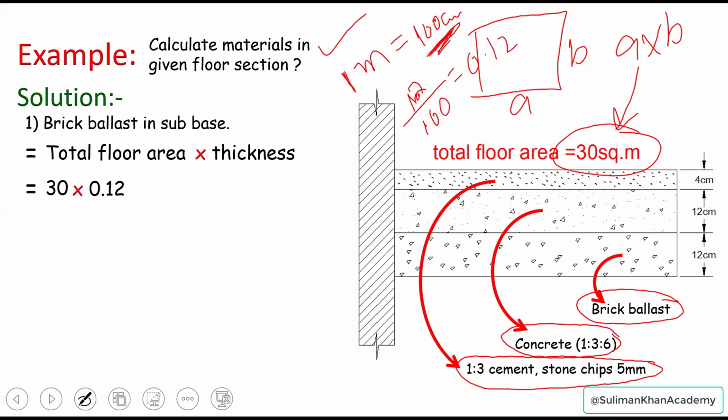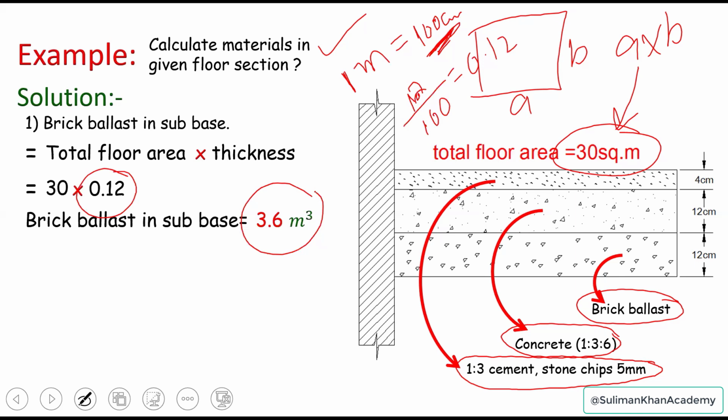That's why we have 30 times 0.12. Multiplying these two, the brick ballast in the subbase is 3.6 cubic meter, which is a huge quantity because the floor is very wide. It is 30 square meter, maybe like a huge hall.